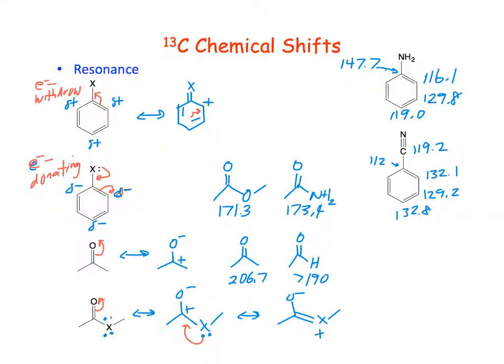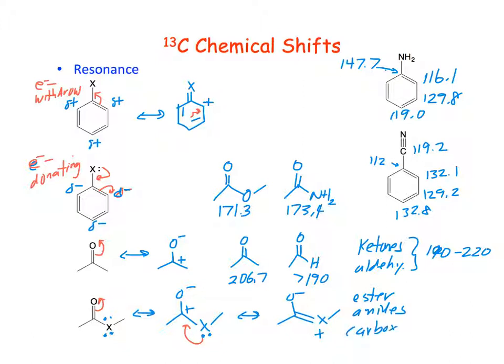Okay, so in general, if we have ketones and aldehydes, these are usually from maybe 190 up to maybe 220. If we have esters, amides, carboxylic acids, these are all usually between about 165 up to 180.